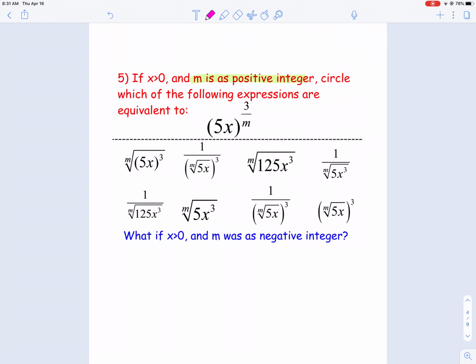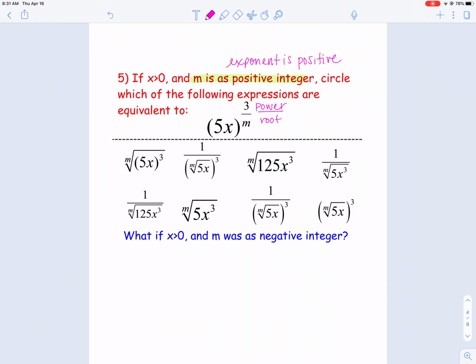So I'm going to make a little note. Your exponent is positive. Then circle which of the following expressions are equivalent to 5x, now that whole 5x is being raised to the 3 over m. So remember, here's your power, here's your root. Okay, so a couple of things.